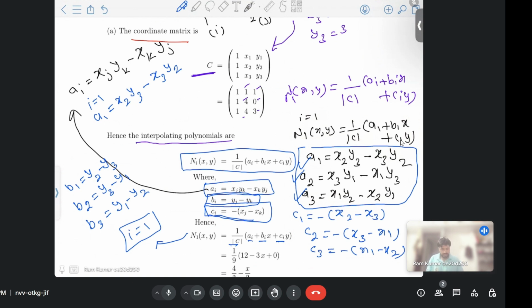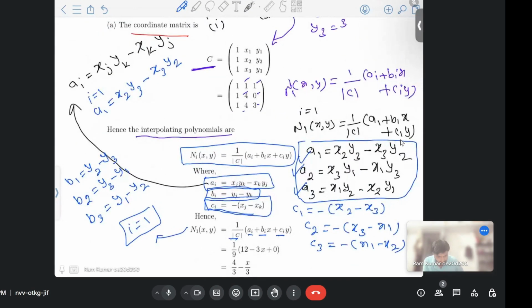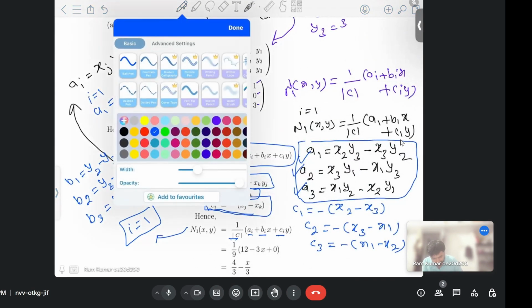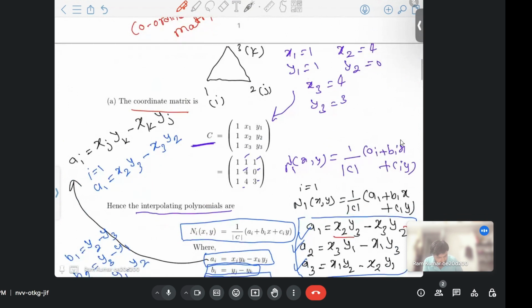Okay, so let's calculate a1. A1 equals, by using this formula, x2 y3 minus x3 y2.